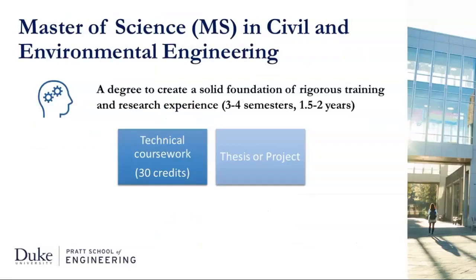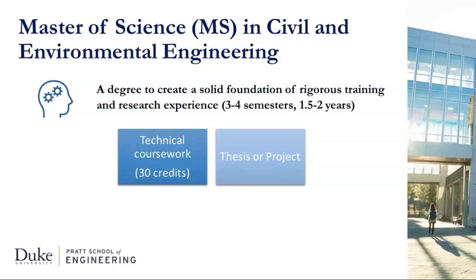I'll shift next to our MS program, our MS degrees in Civil and Environmental Engineering. These are distinguished from the MEng program in that the Master of Science is set up to establish a foundation in training and research. The Master of Engineering program, which I described previously, is largely intended to prepare you for a career in industry or in the private sector.